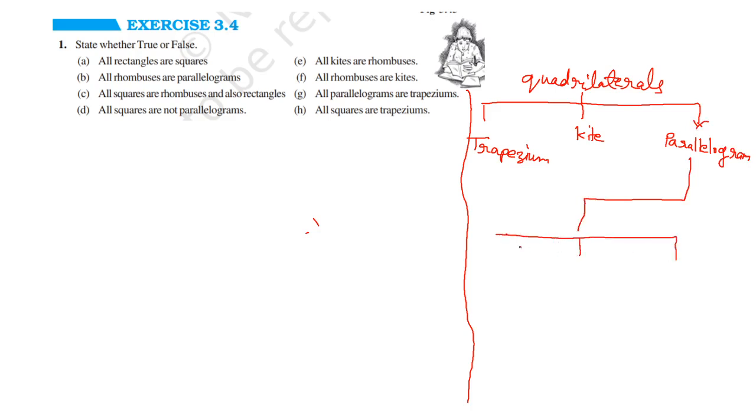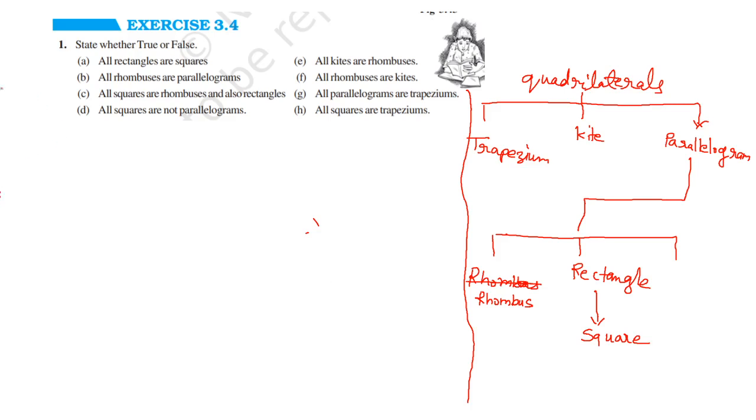These are the rhombus and rectangles. And a special rectangle is a square. So with the help of this, we are going to solve exercise question number 1.